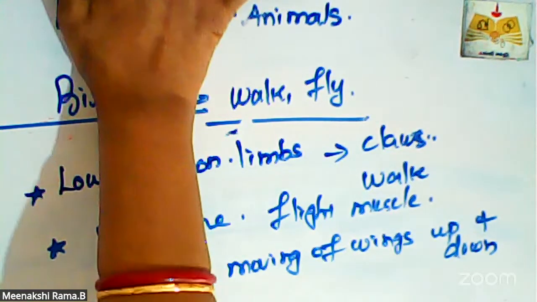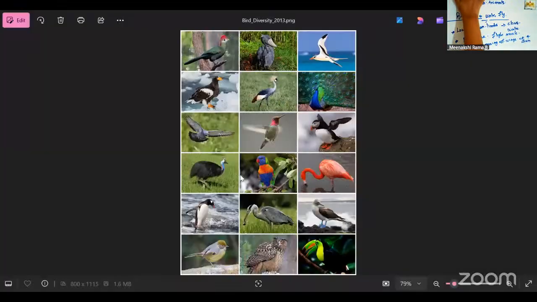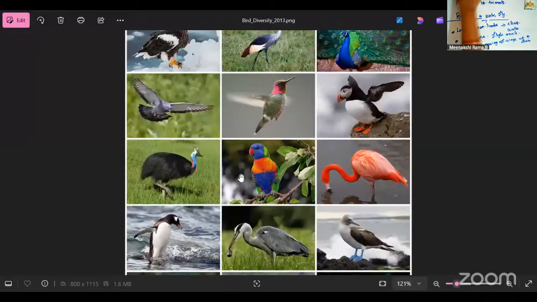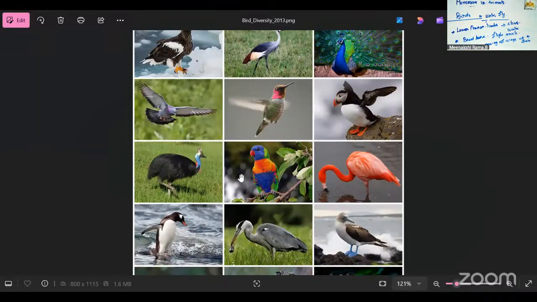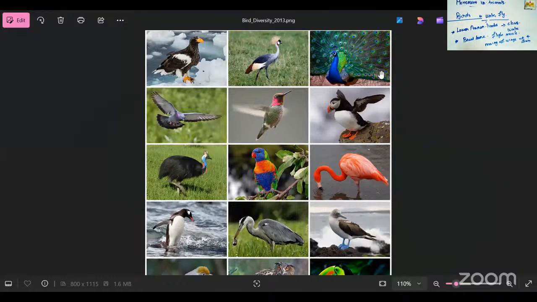So generally, I'm showing different kinds of bird pictures. Yes, these are all different birds. Peacock, and then parrot, sparrow, penguin, and ostrich.